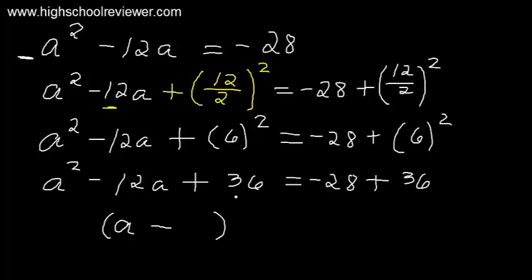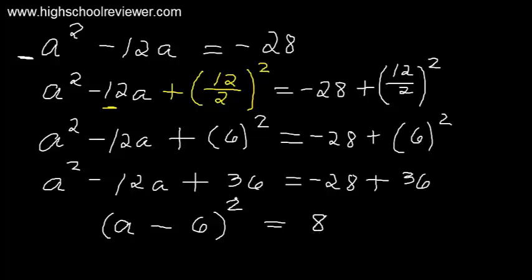So our next term will be the square root of 36, and that is equal to 6. Now, since this is a perfect square, we are going to raise this quantity to a power of 2, and then negative 28 plus 36 will be positive 8.